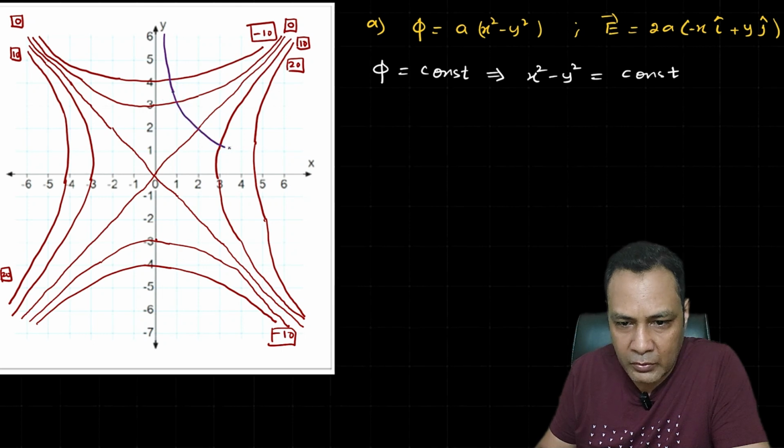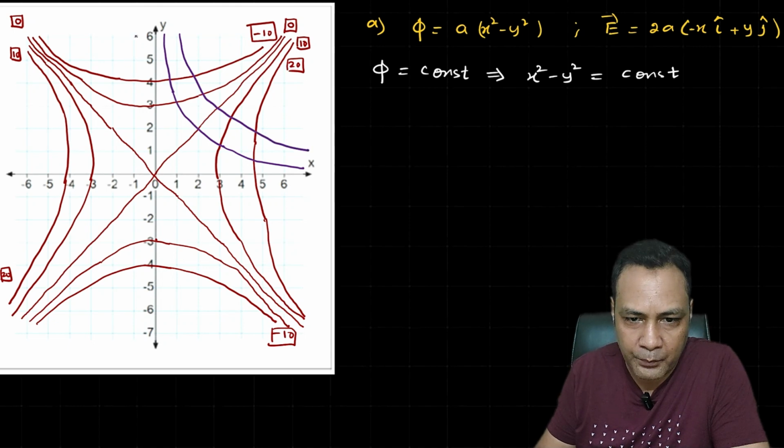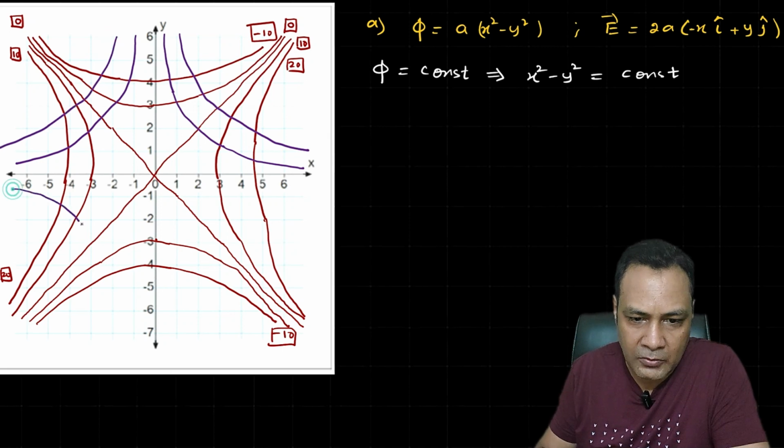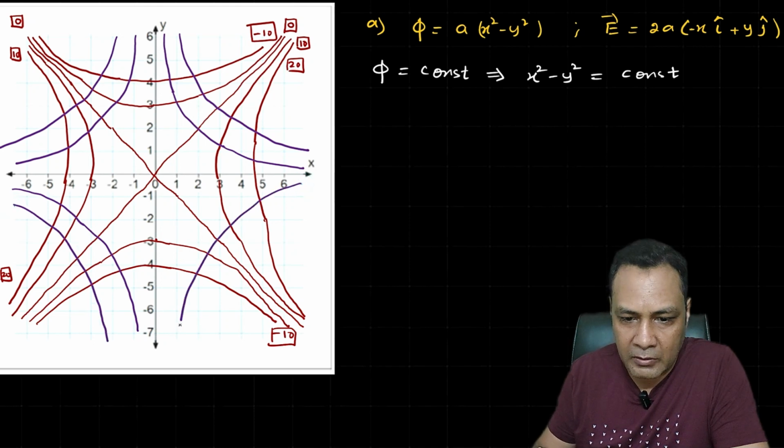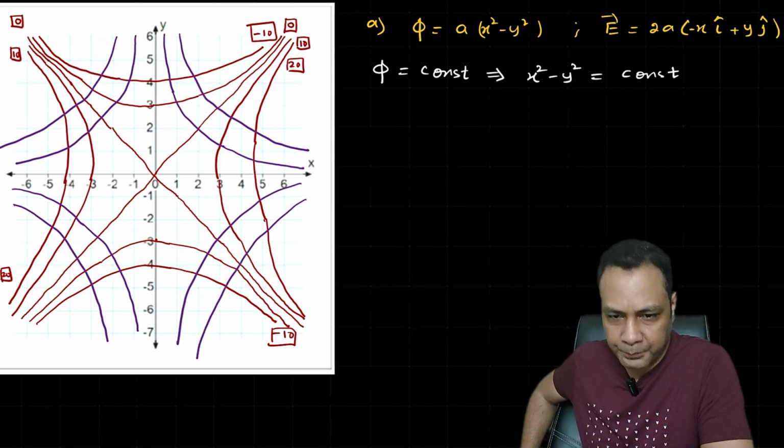This is going to be an electric line of field. Here, the purple color are the electric lines of force, like this, and here like this, and like this. Here it is going to be like this and like this. And now I have to show the arrow.